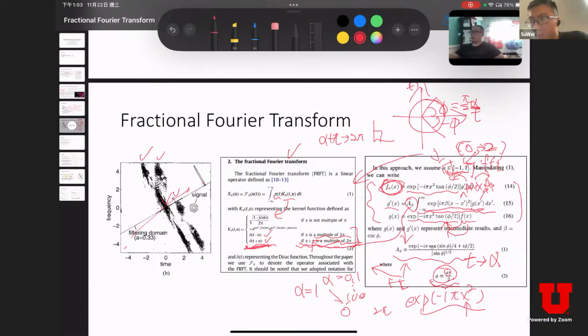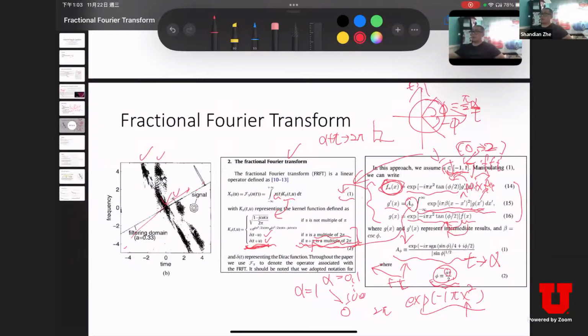Mm-hmm. That's the way to compute one. Yes. So the alpha in one will be the A defined in 14, 15, 16, 1 and 2, right? Mm-hmm. True.